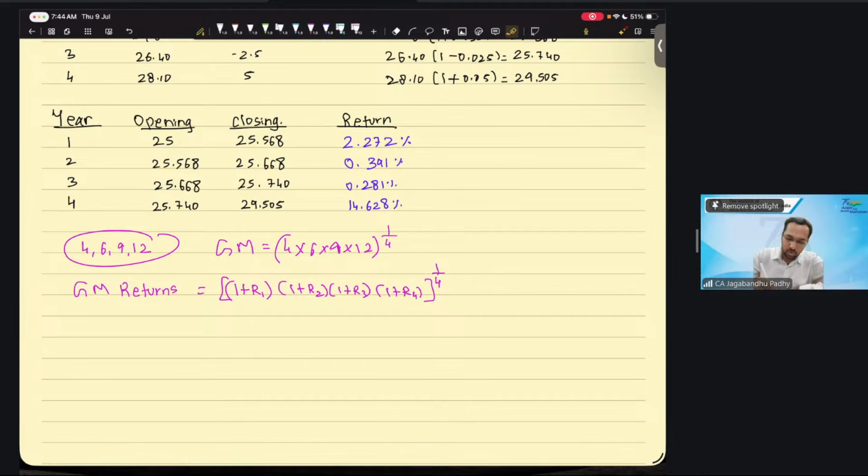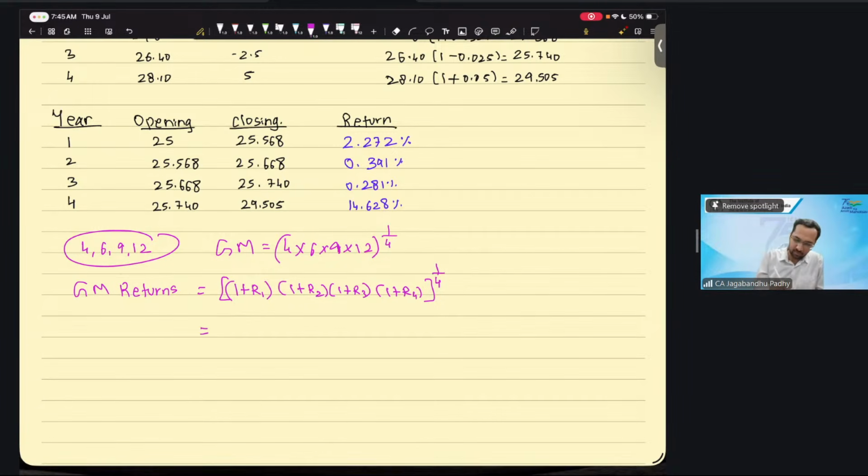In geometric mean, you cannot have just the multiplication of all the returns, for a simple reason. What if you have certain negative numbers? It's quite possible that the root of that is not possible. In fact, what we say is, 1 rupee grows by the first year return, it becomes this much. It again grows to this, it again grows to this, and it again goes to this. So the money keeps on growing, and then you take the fourth root of that, right?